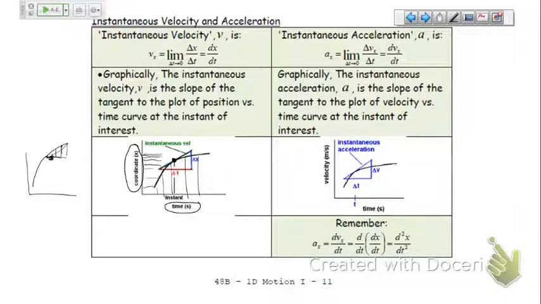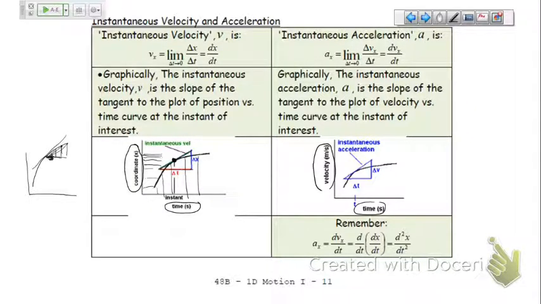We imagine this chord, if you like, getting closer until eventually it's a tangent. We're doing the same thing, one mathematically, one graphically. And we say that equals dx by dt. And I know how to do dx by dt because I've done Calculus 1.